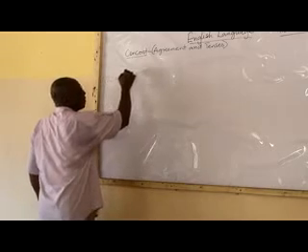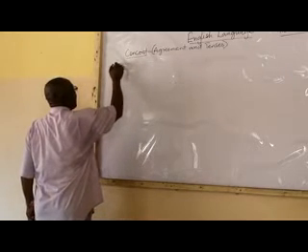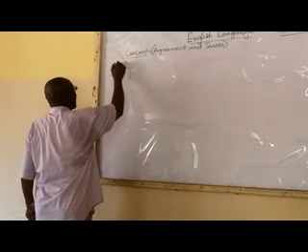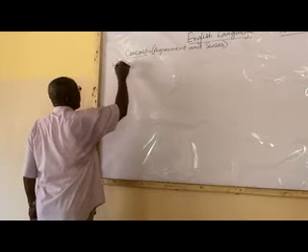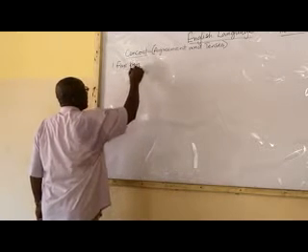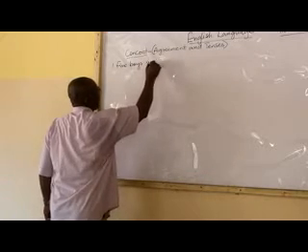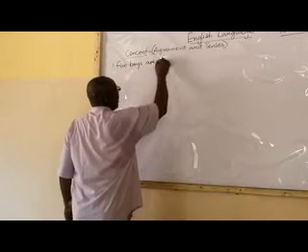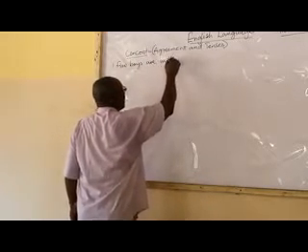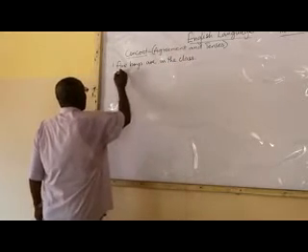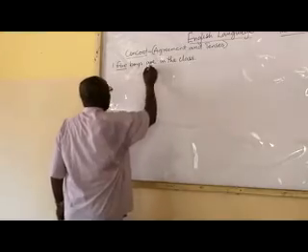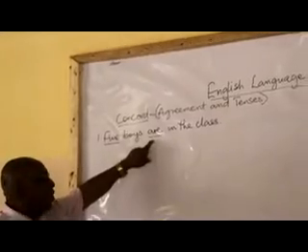For instance, if you say 5 boys are in the class. You have 5 here and you have are. So you can't say 5 boys is. No, it does not agree.